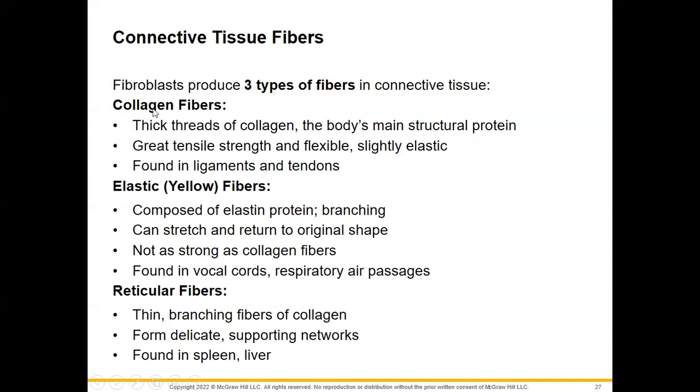So collagen fibers are thick threads made up of collagen that function as the body's main structural protein. It's going to be very strong and sturdy, but flexible, and able to snap back to its original shape. Collagen fibers are going to largely be found in your ligaments and tendons. So in the structures that hold bones together and hold muscles to bones, those are going to be collagen fibers.